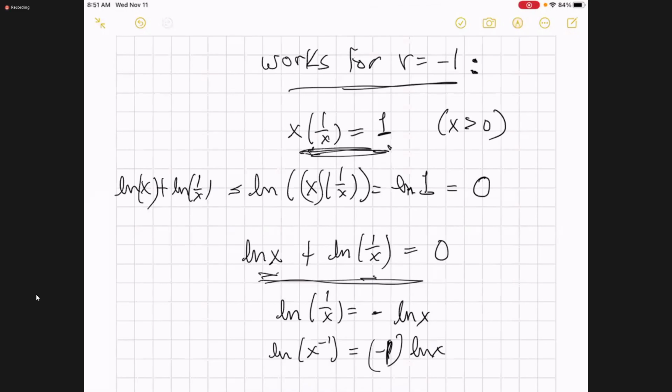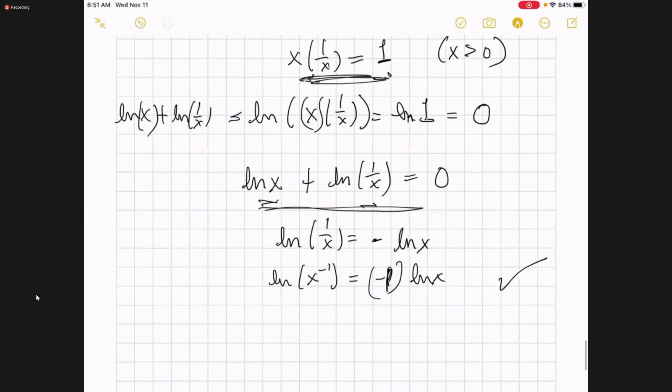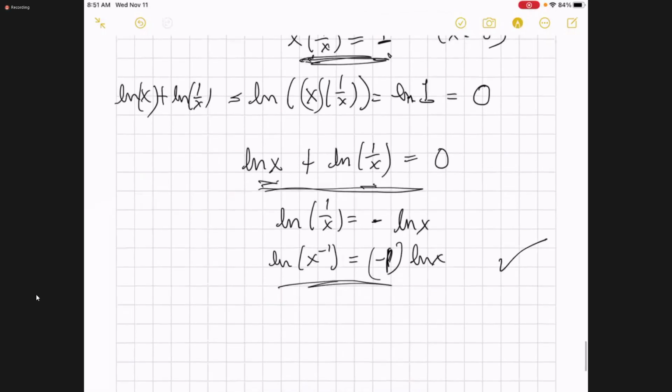And that proves it for r equal to minus 1. Okay, well, if I know that, all the other negative integers are easy. For minus n, a negative integer, I'm going to prove it works for that.